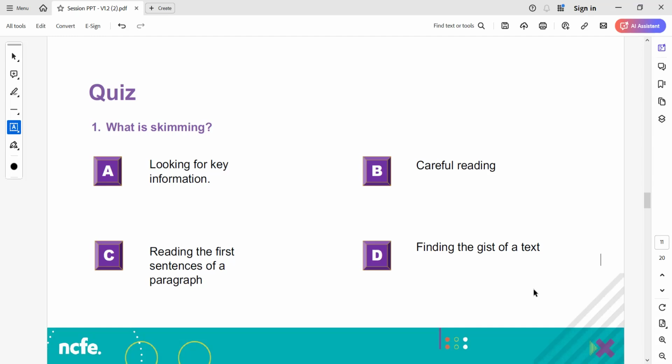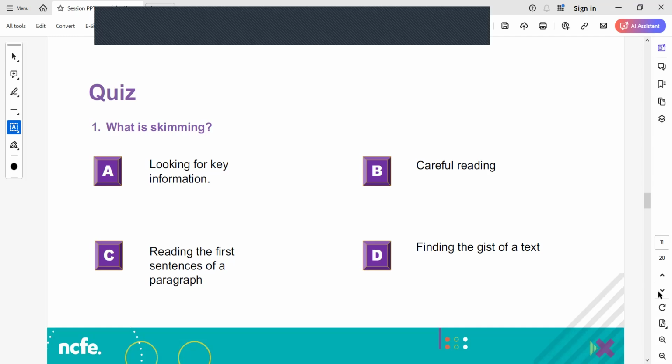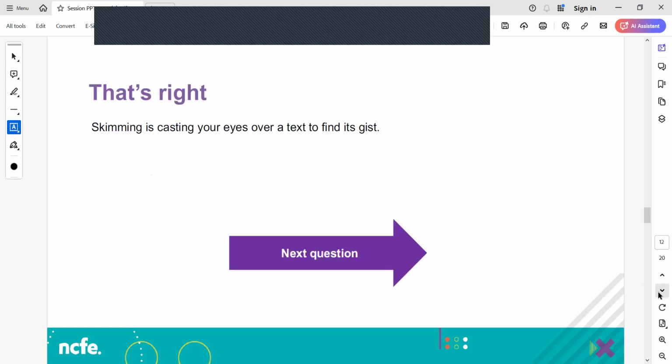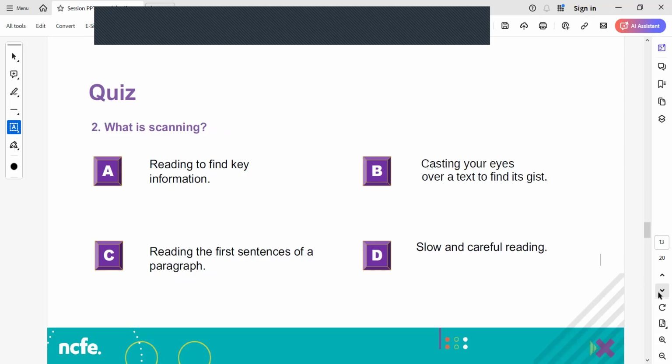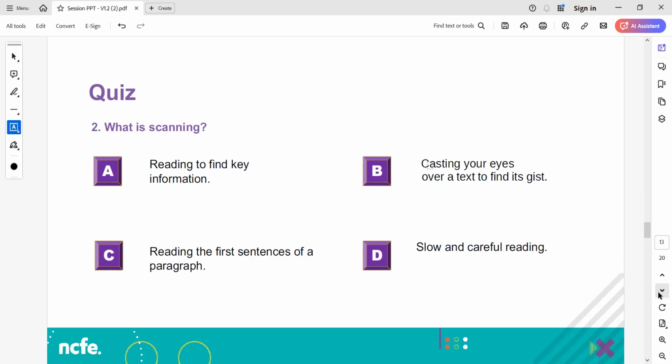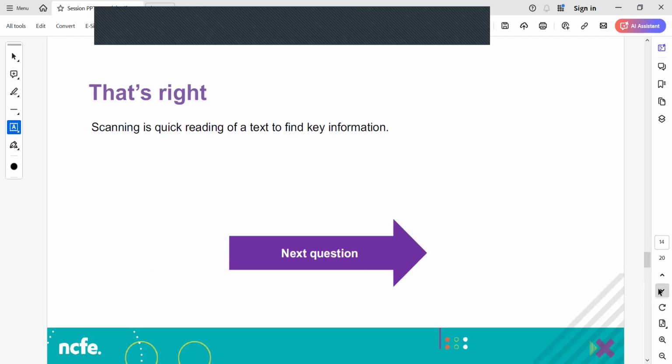Finding the gist. Good, so it is D. Well done. What is scanning? So reading for key information, finding the gist, reading the first sentences of a paragraph, or slow and careful reading? Reading for key information. Yeah, good. So finding key information.